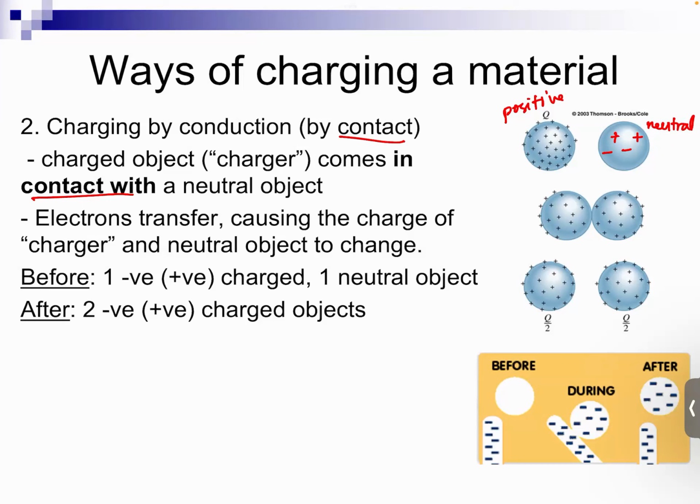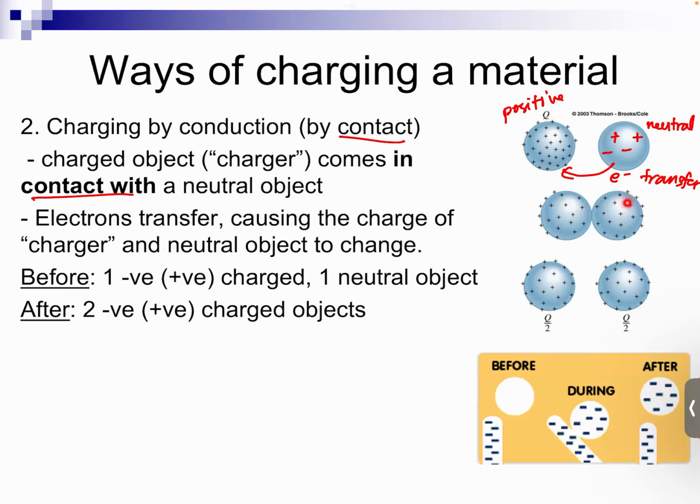So what actually happened is that the electrons from the neutral object transferred to the positively charged object. The electrons transferring from the neutral object to the positively charged object neutralized some of the protons in the positively charged object, and therefore you still have a positive charge there.